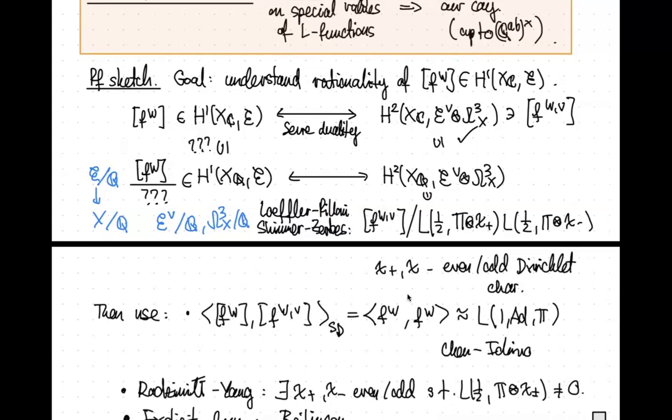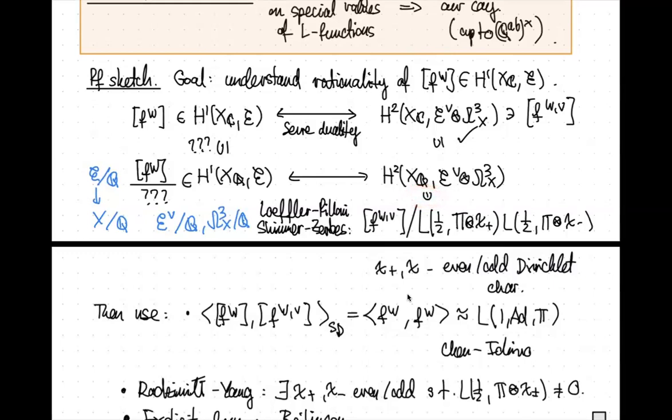What you do is you take this class, and then you take a pair of Eisenstein series, maybe associated to these characters, just Eisenstein series on GL2, and you restrict this form to the embedded product of modular curves, and then you integrate against those things. Because you know something about the rationality of the Eisenstein series, you recover this statement.